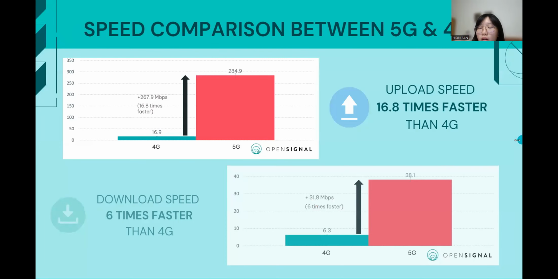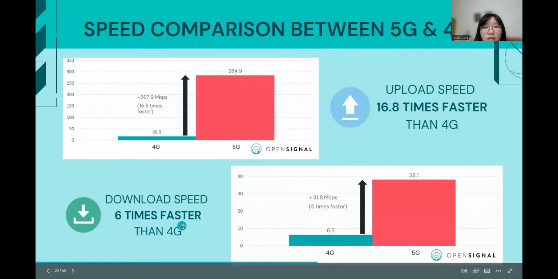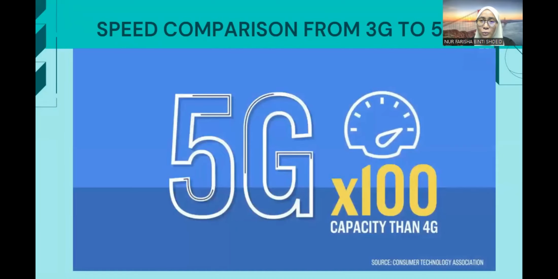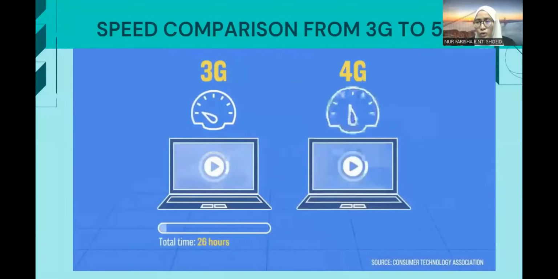And according to another article published by OpenSignal, the 5G upload speed is 16.8 times faster than 4G, whereas the download speed for 5G is 6 times faster than 4G. If we compare the speed from 3G to 5G, with 3G it can take up to 26 hours to download a movie.